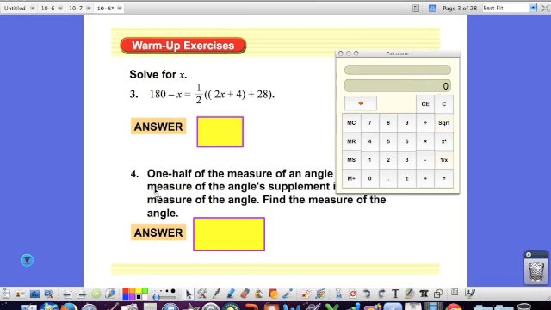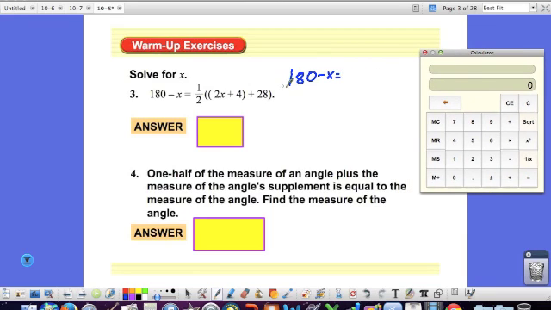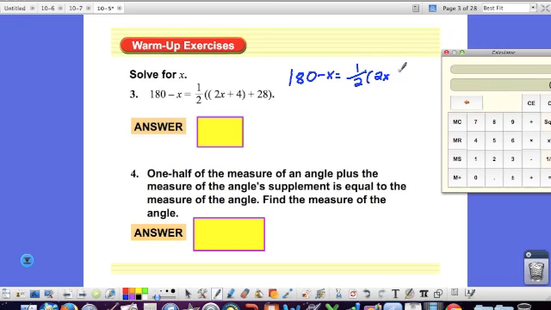For this problem, 1/2 of 2x plus 4 plus 28. So simplify this a little bit. That would be 180 minus x equals 1/2 of 2x plus 4 plus 28 is 32.